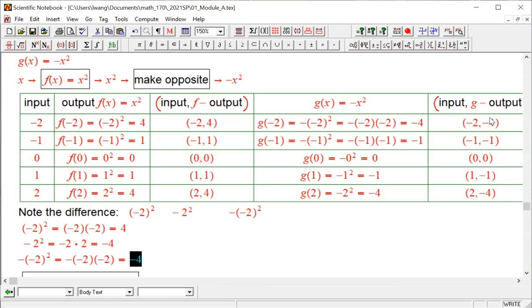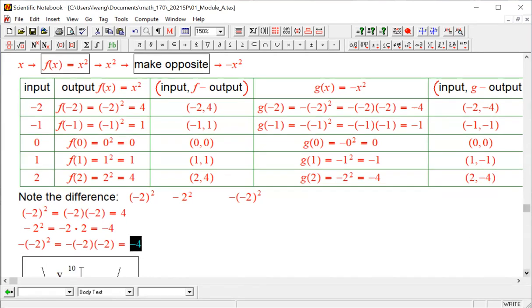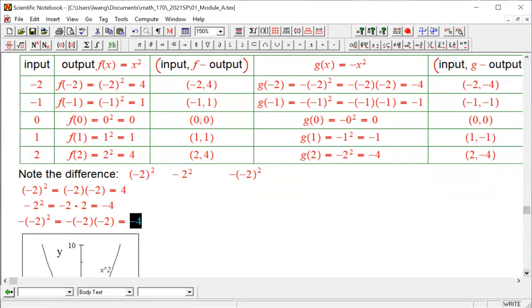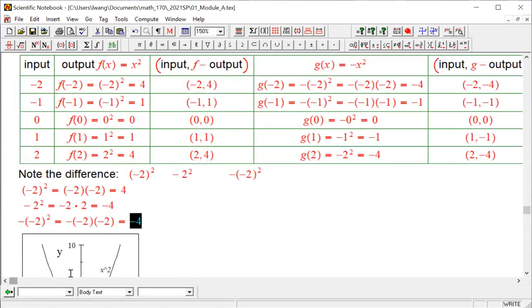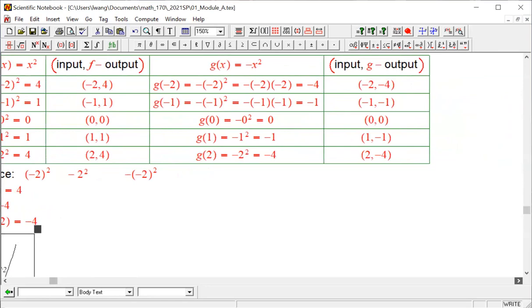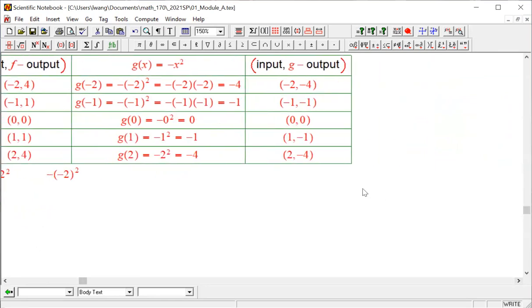All right, so now let's put the points on the graph. I'm going to show you the points on the graph right here.